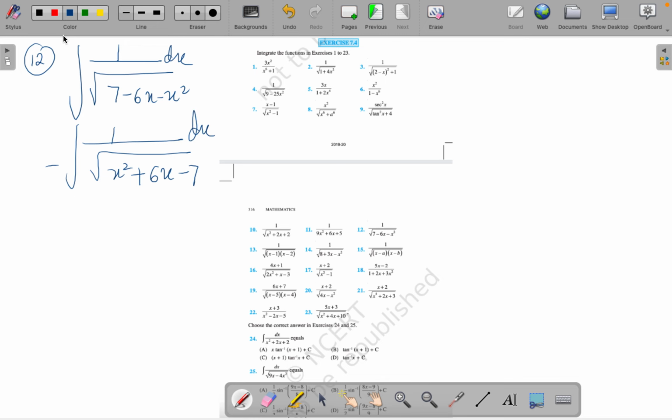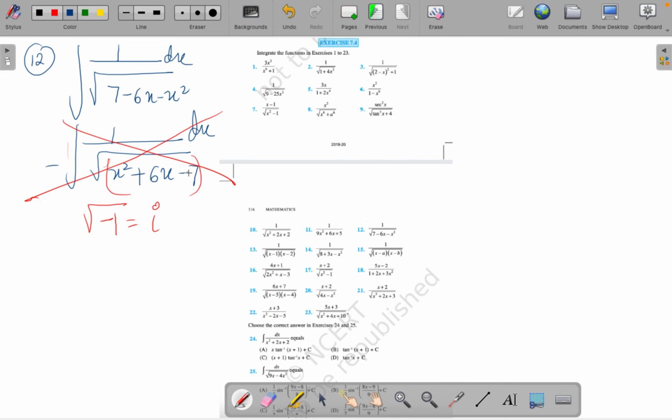If you remember clearly, children, there is an under root in the question. So under root of minus 1 is iota. So this step is wrong. You have to be very, very careful that from an under root, a negative sign can never go out. This is the mistake which most of the students make.